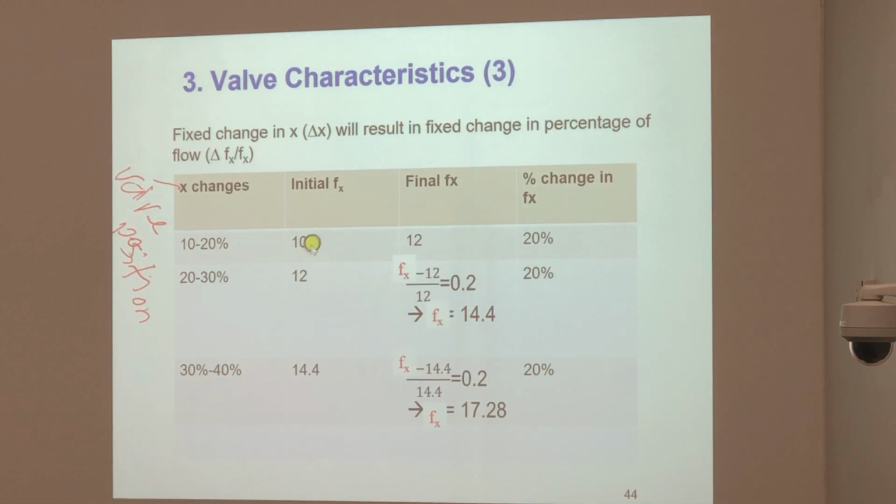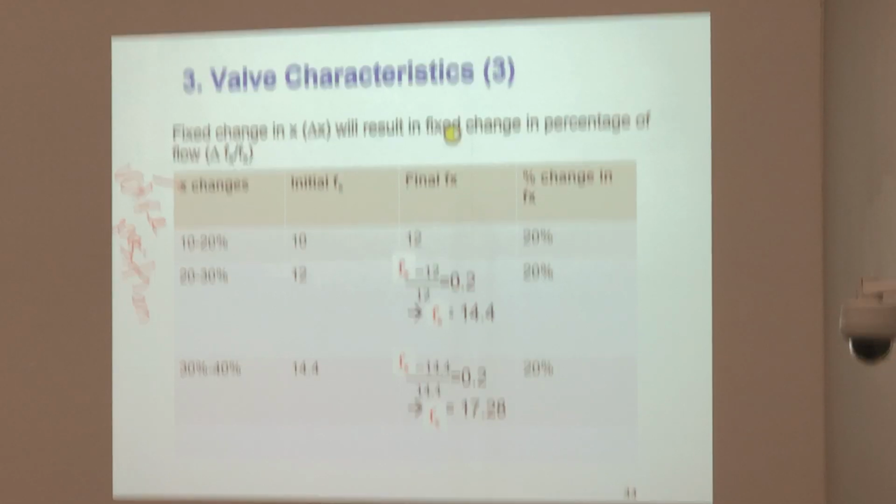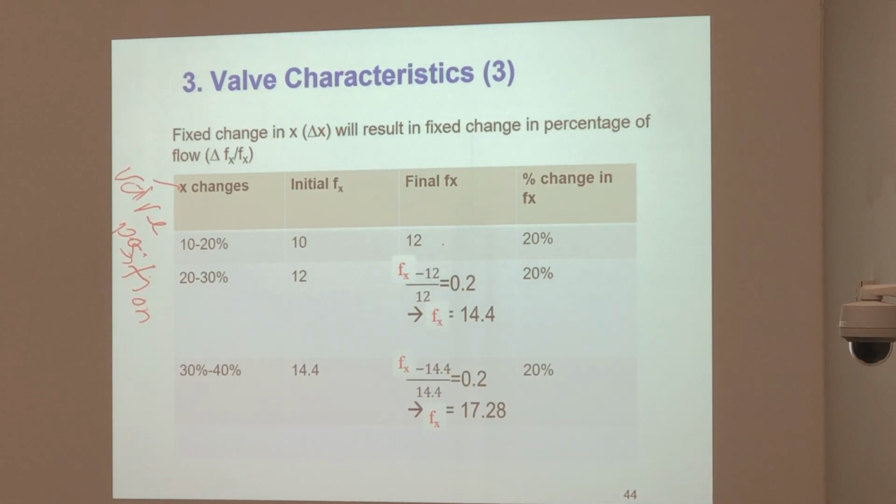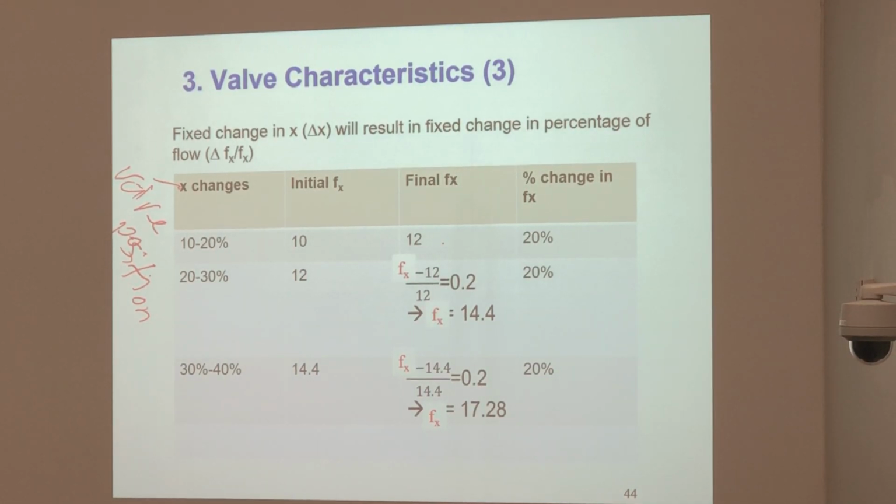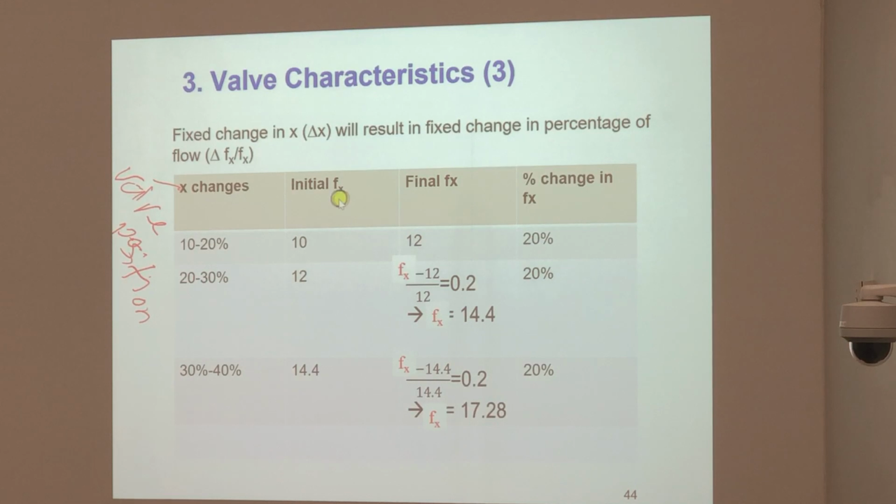So if I have an initial fx of 10, the final fx I should get is 12. If I give you the first fx, you need to calculate the final fx, which is 12. How to get 12: (12 minus 10) divided by 10 equals 20%.